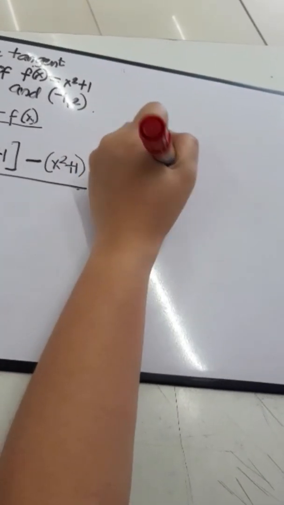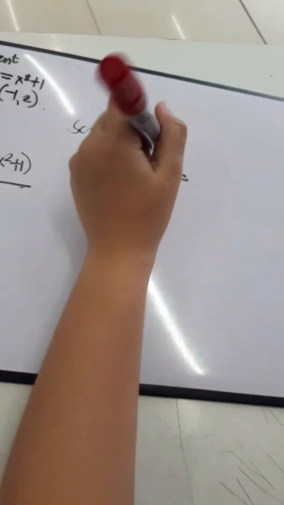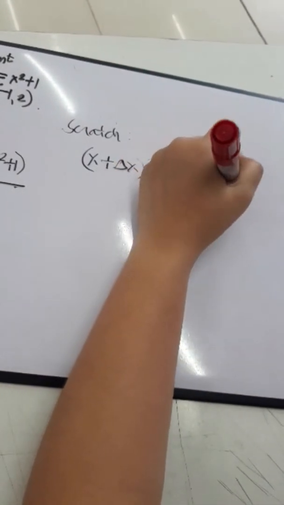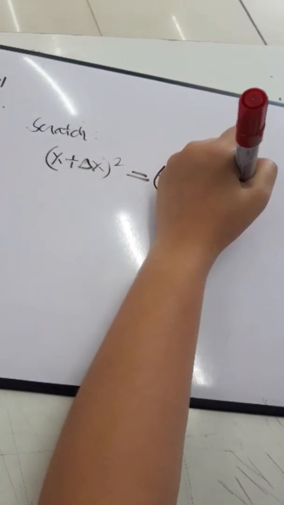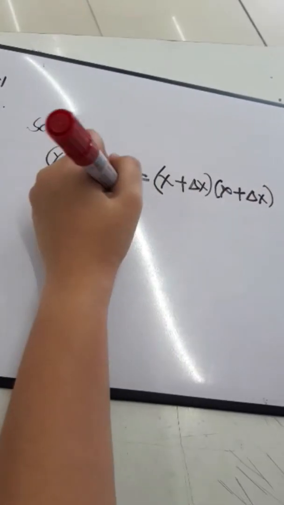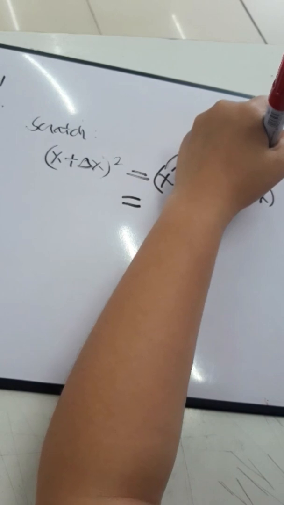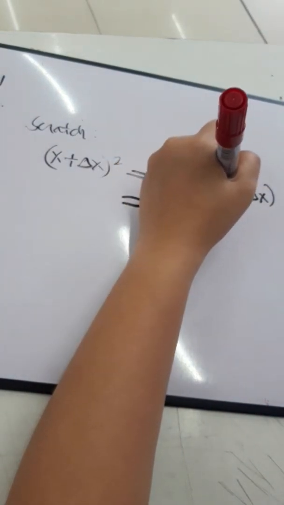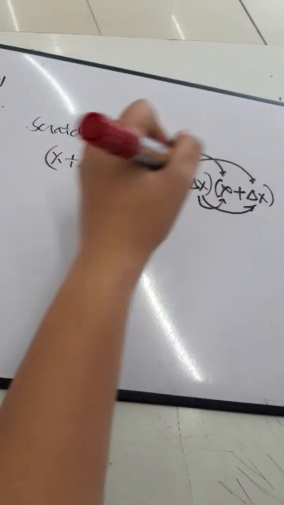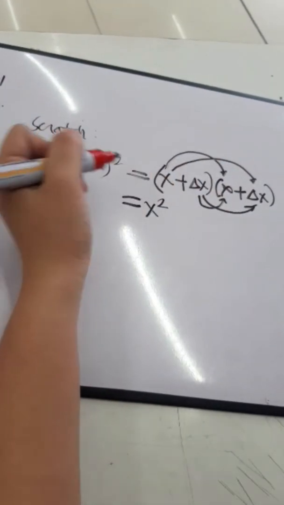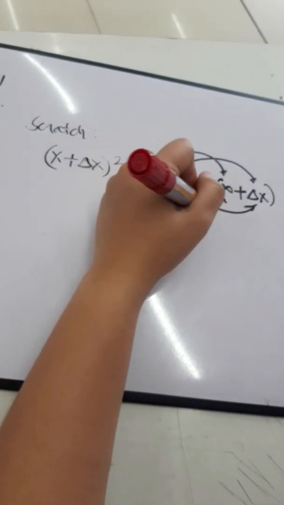So, x plus delta x squared is equal to x plus delta x times x plus delta x, or multiply to itself. So, si x, distribute na to. Si delta x, i-distribute po na to. Then, we have x times x, x squared. X times delta x is positive x delta x.